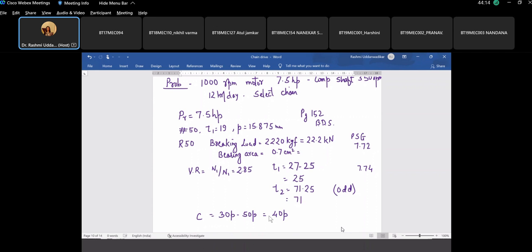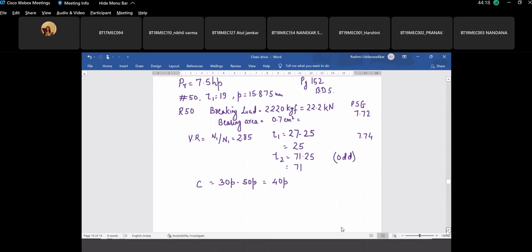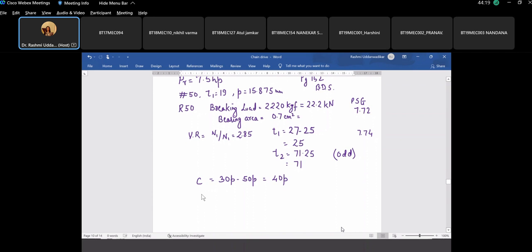Let us check what is the maximum permissible load. The permissible load we have taken is 22.2 kilonewton. For R50, at this load it will break, and we have to make sure that the total load coming on the chain is less than this permissible load.